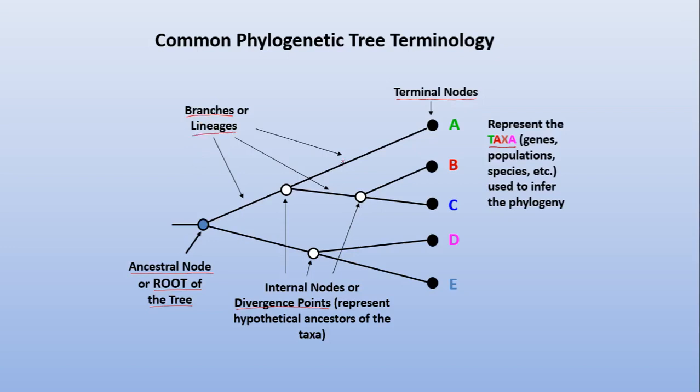So this particular branch, which arises from the root of the tree and has one ancestral node that gave rise to terminal node A, we say that this is the lineage followed by this terminal node A, or this is the branch or lineage for the taxa A. That is what we represent in your phylogenetic tree.